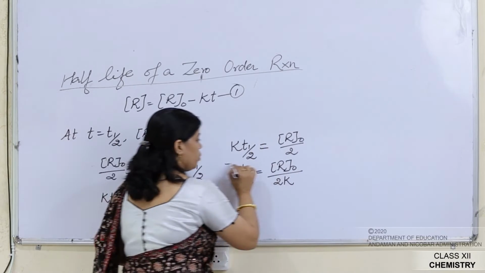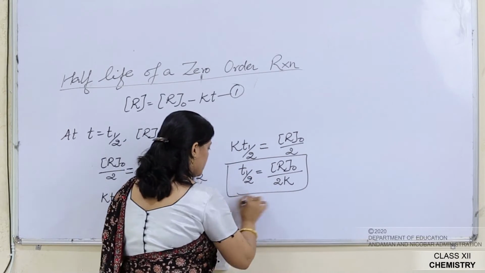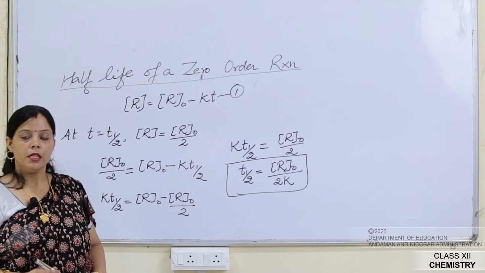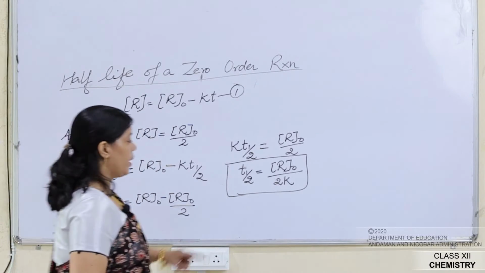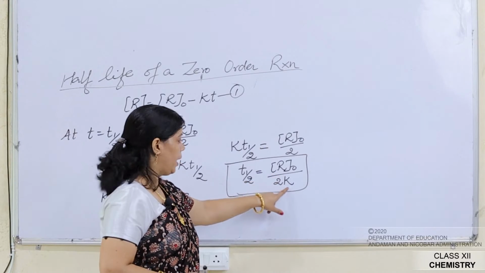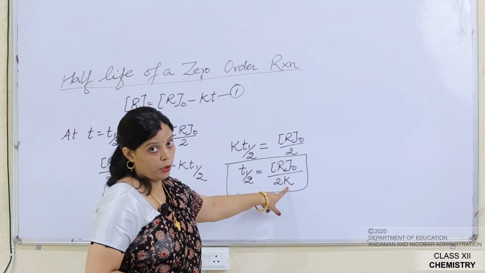So with the help of this equation we can calculate the half-life period for a zero order reaction by knowing R naught and the value of the rate constant.